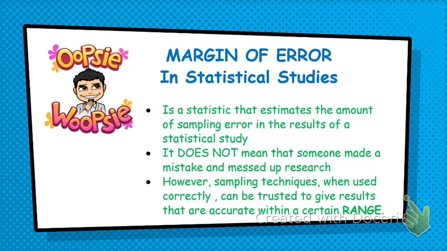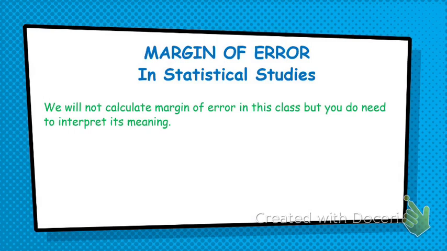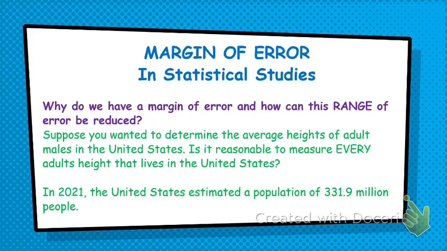So we end up getting this margin of error, and we're going to take a look at some examples of how this is used in the real world as well. We're not going to actually calculate the margin of error, but we'll need to be able to interpret what that means.